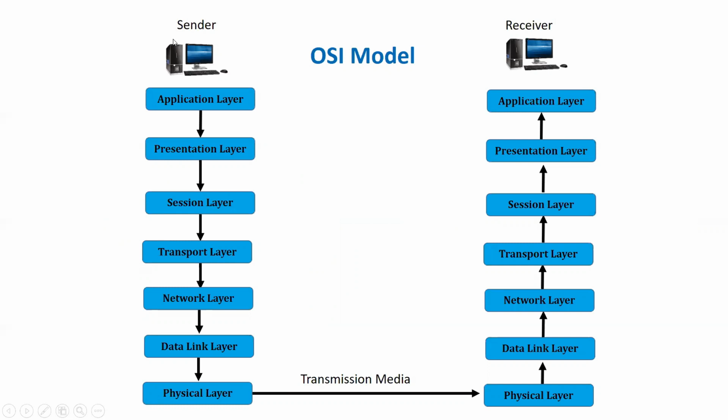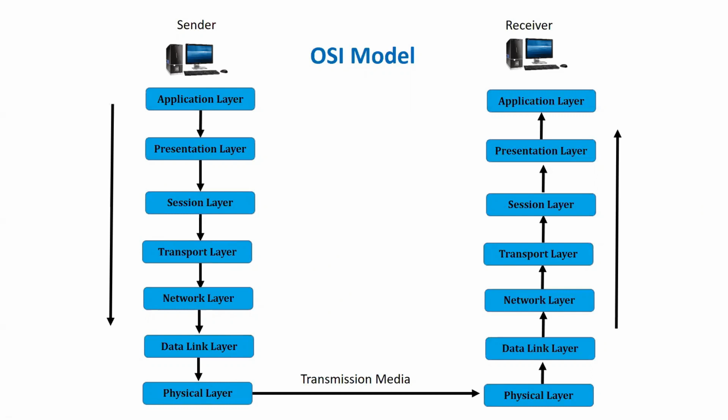On the sender side, the information processing starts from the application layer, then transmits it to the presentation layer. So the direction of processing goes from the application layer to the physical layer, which is known as the encapsulation process. On the other hand, the receiver side works in the opposite direction of the sender.